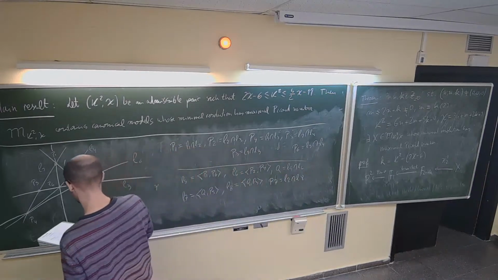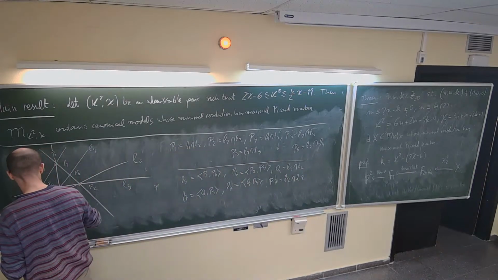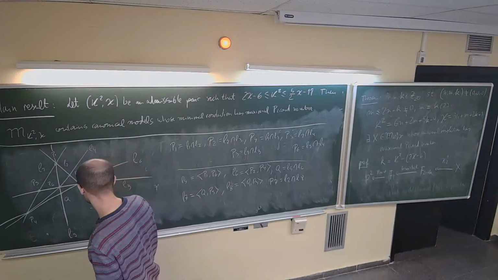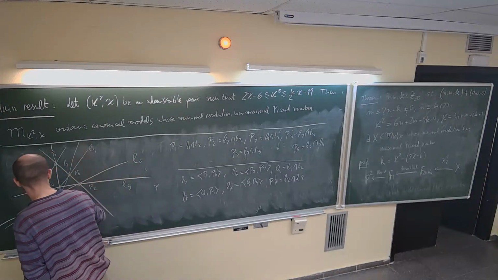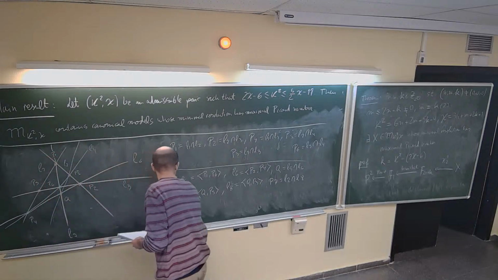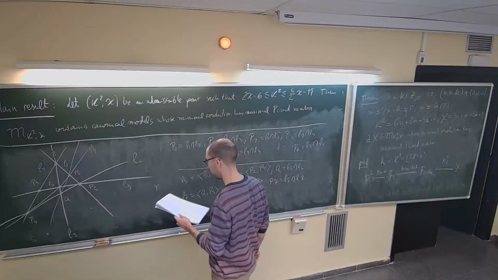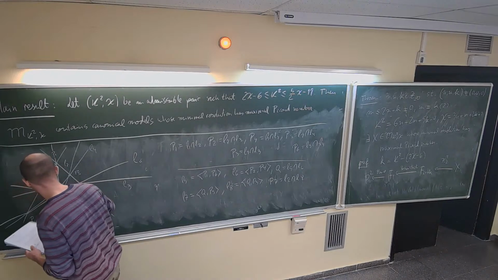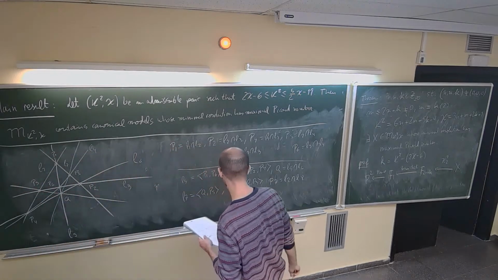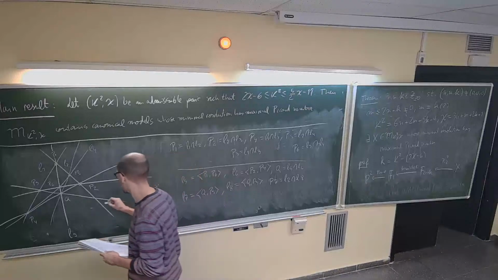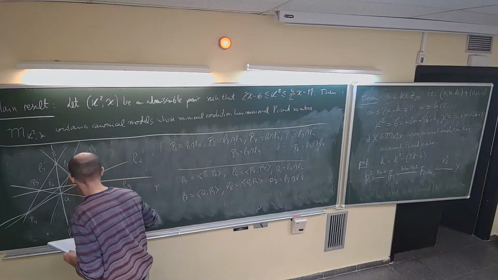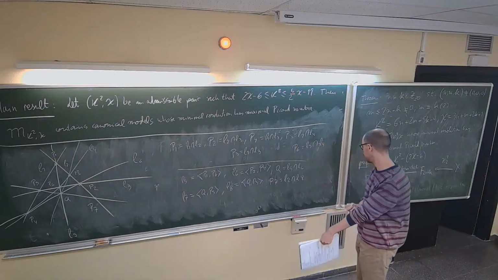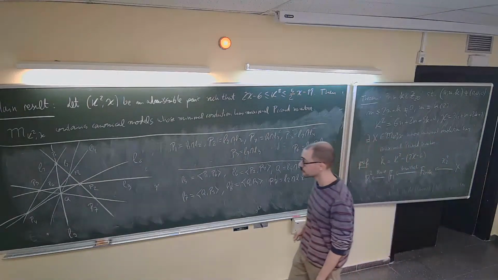It is Q. Okay, so this point is Q. And L7 is Q, P5. So it is this line. And L8 is Q, P3. So it is this line. Okay. And P7 is L2 intersection L8. Okay, so this is the configuration of curves in the projective plane.